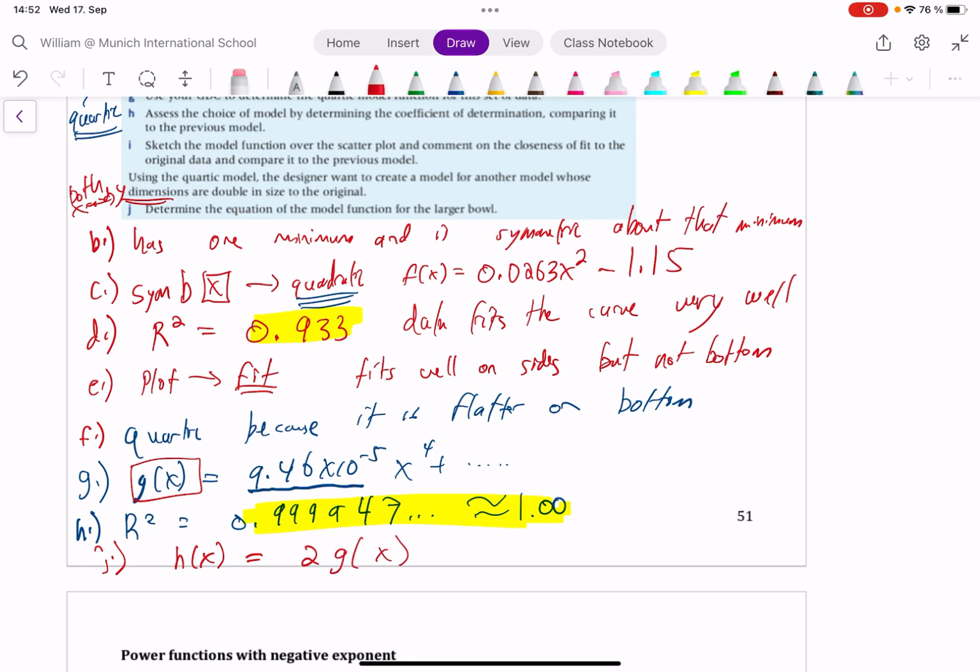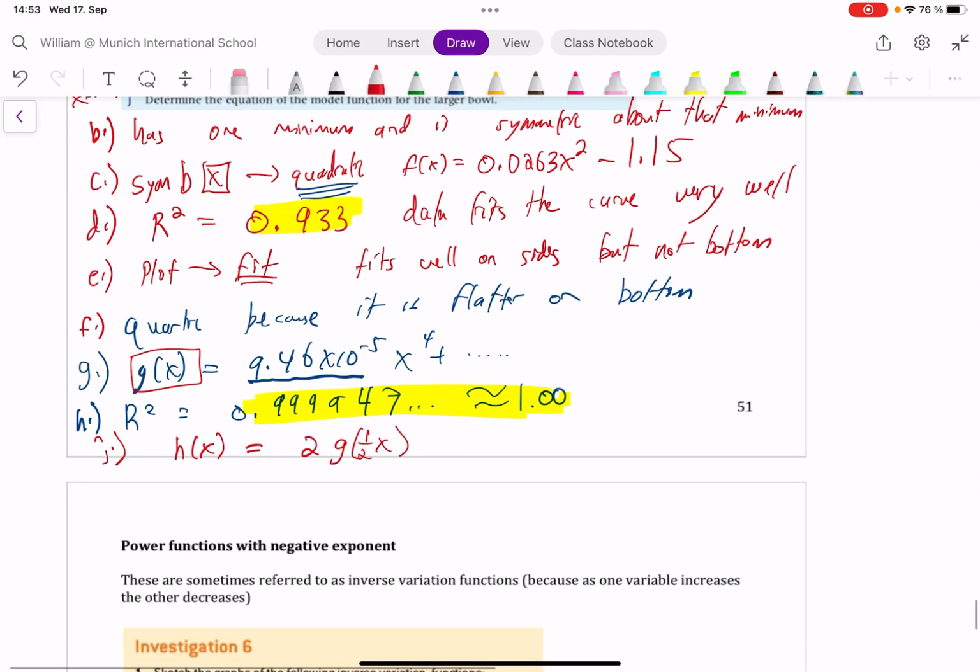That would account for doubling the y values. If I want to double the x values, I have to multiply by a half in there. Right? Remember, inside is 1 over a. So if I want to double things, I have to multiply by 1/2. So if I took that g of x function and multiplied it by 1/2 on the inside and 2 on the outside, I would end up with doubling x and y values. I would end up with this new function.